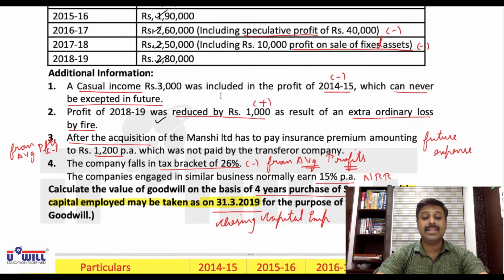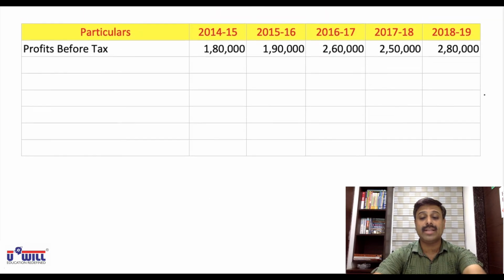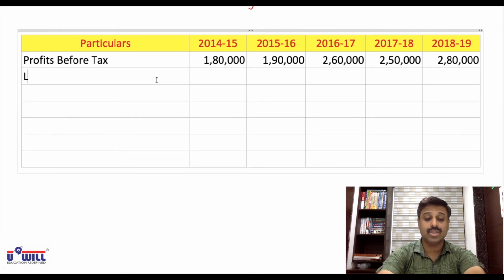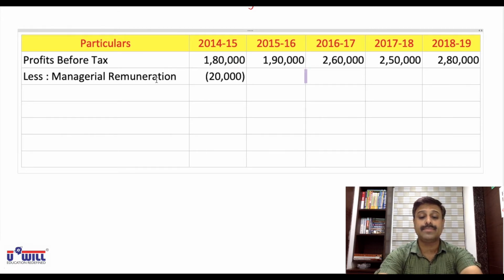Now let us go with the adjustments one by one. Very first, in the beginning itself, this 20,000 of remuneration you have to minus in all the years. Managerial remuneration 20,000 we have to minus in all the years.